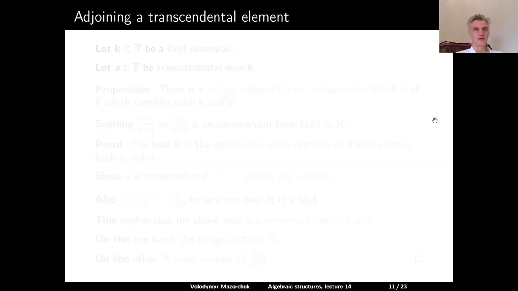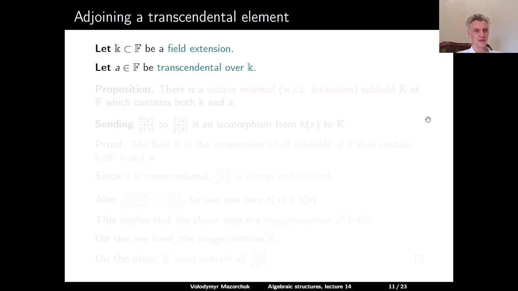First, let us talk about how a transcendental extension works, how we can have an extension when we adjoin one transcendental element. So let k inside f be a field extension. Let a be an element in f that is transcendental over k.